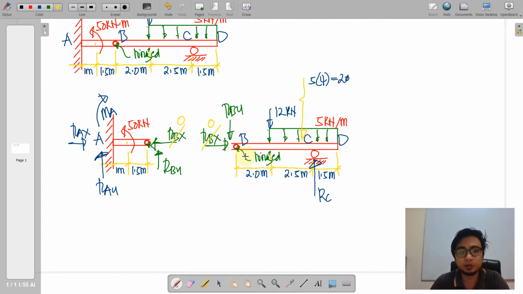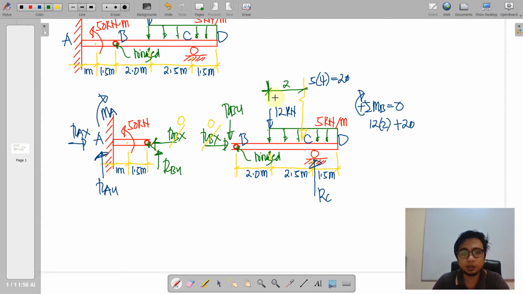So we take moments at B. We have a clockwise 12 here times its moment arm 2, and this 20, or the result of this distributed load, concentrated on the mid. Okay, where's that mid?